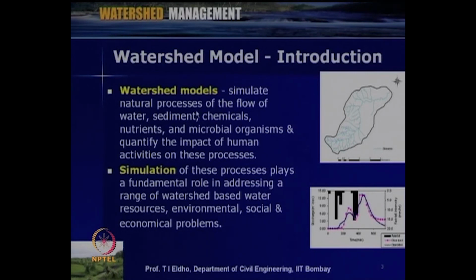So, we can identify what will happen to the various processes corresponding to the particular changes. The watershed model simulates the natural process of the flow of water, sediments, chemicals or nutrients. For the given activities, how they are going to affect these processes is what we simulate by using the watershed model.